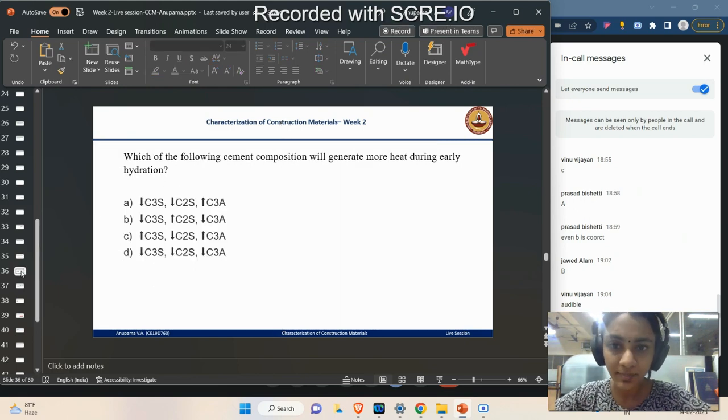Which of the following cement compositions will generate more heat during early hydration?